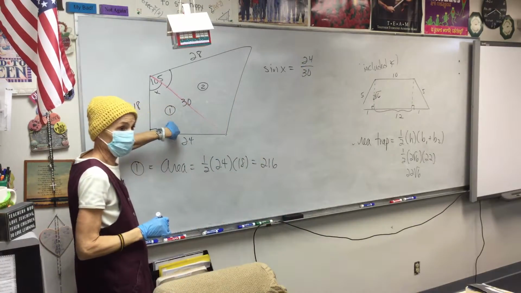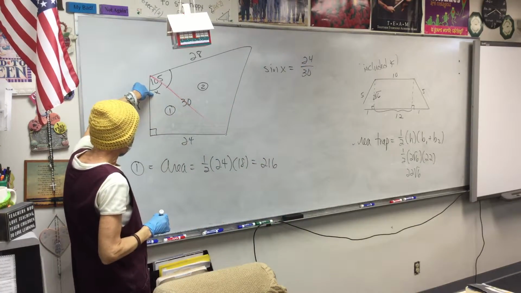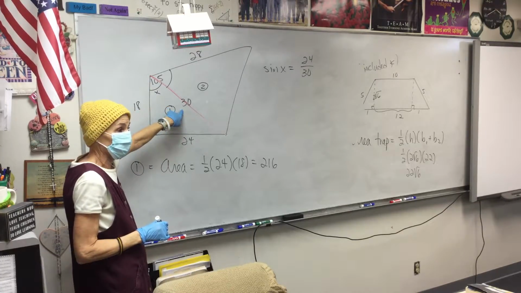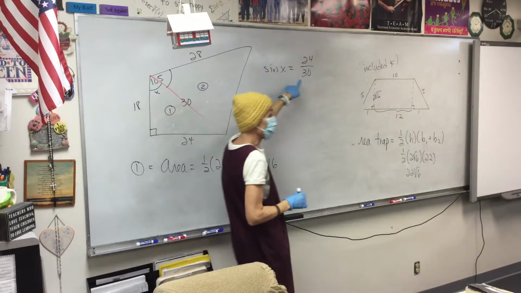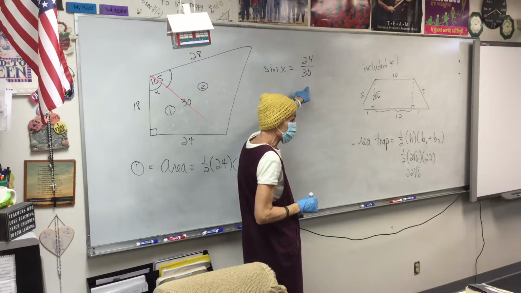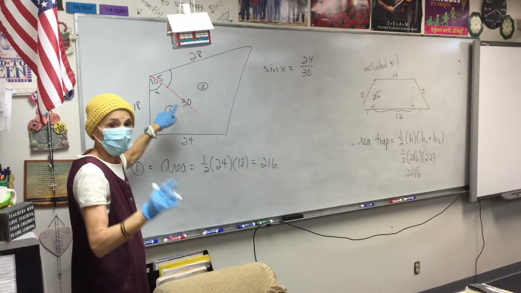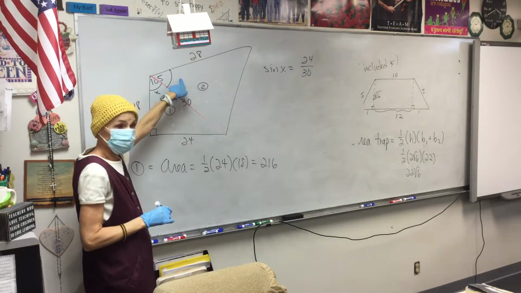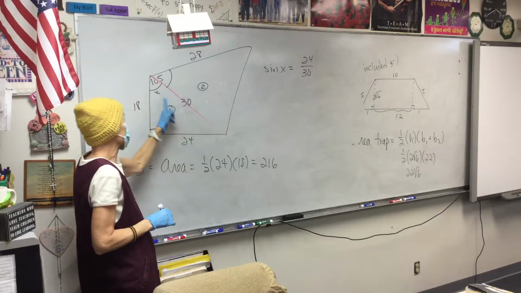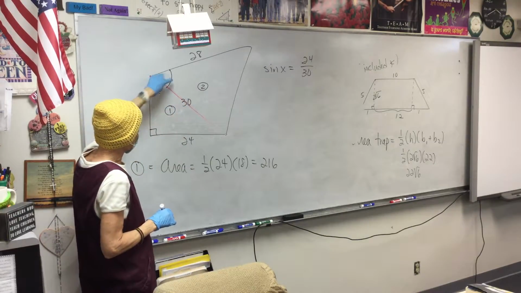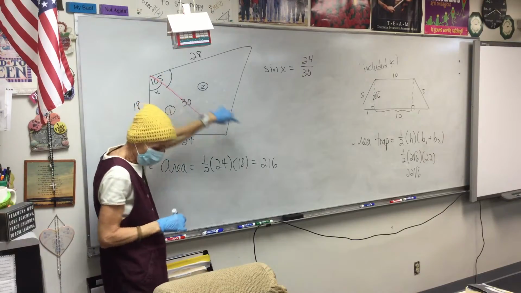In this triangle right here, does the sine of angle X equal 24 over 30? Yes. So could I find angle X? And how would that help me? 105 minus it would be the angle I need. I don't need this one. I already know the area of that triangle. But I can find that one, subtract from 105, and get what I need.